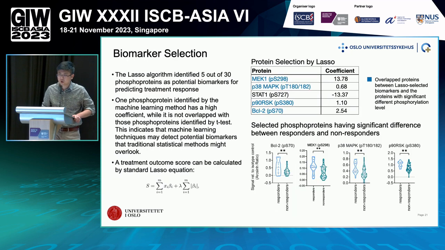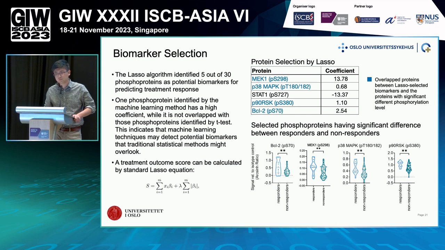And finally, the biomarker selection. The Lasso algorithm identified 5 out of 30 phosphoproteins as potential biomarkers for predicting treatment response. In fact, we used a t-test to find the differentially expressed proteins in the training set. There are 8, but only 4 of them are selected by Lasso.